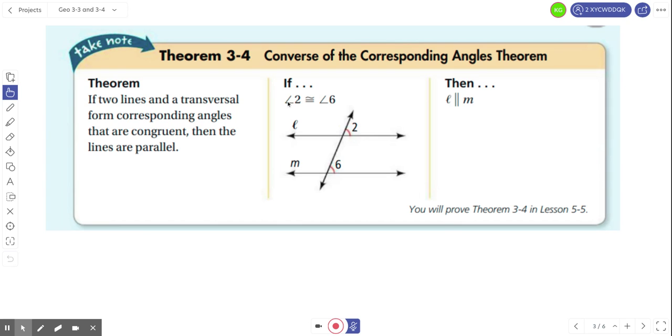So here, if angle 2 is congruent to angle 6, then L is parallel to M. This symbol right here means is parallel to. And in this case, we're using the lowercase script letters to identify the lines. Usually we use 2 points on the line, but you can also use lowercase script letters, like italic. When I say script, that means italic.